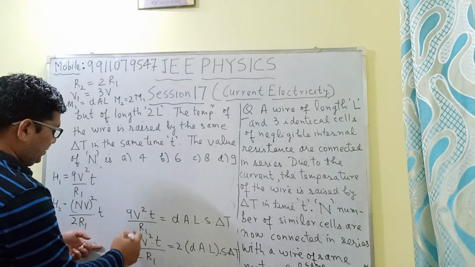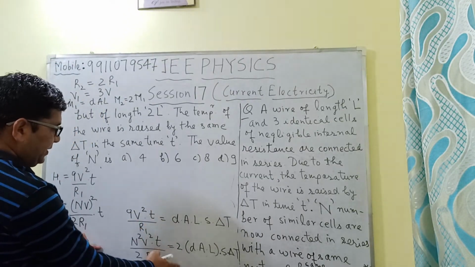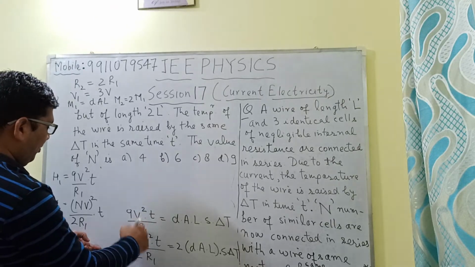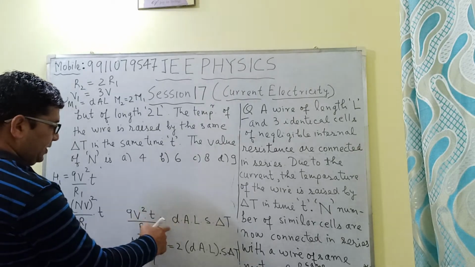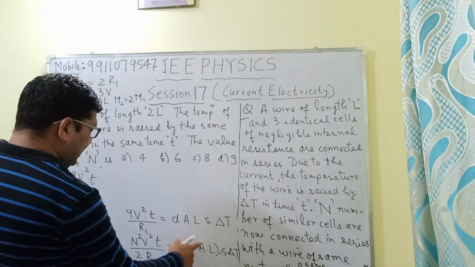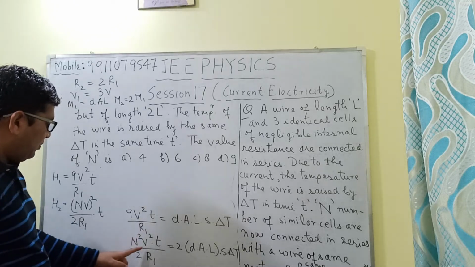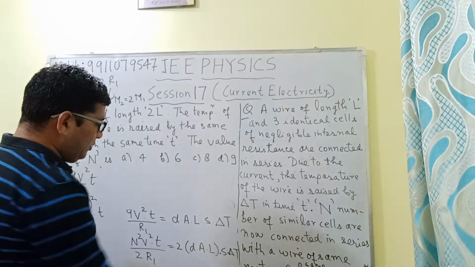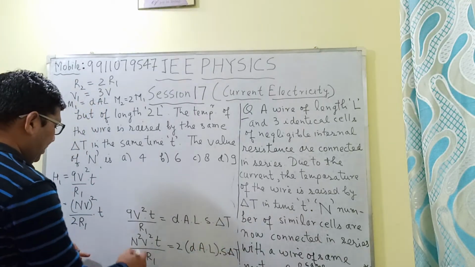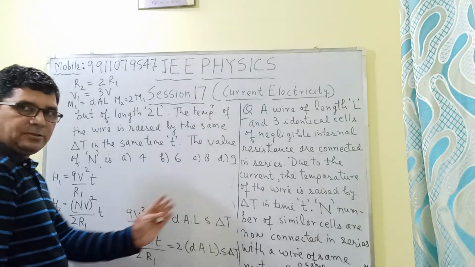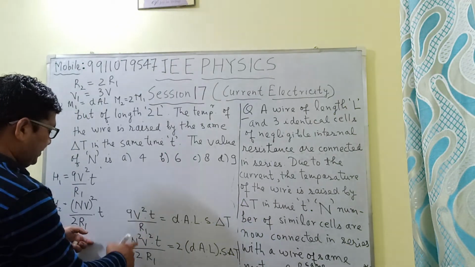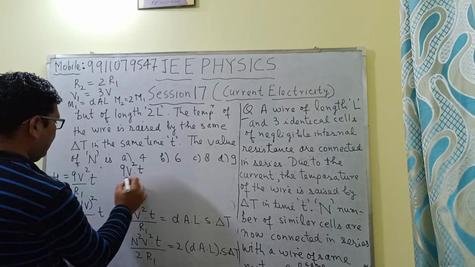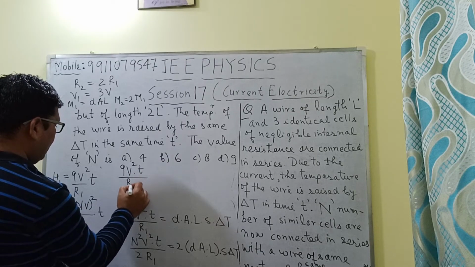Now what I will be doing is dividing both these equations. That is, 9V squared T upon R1 is equal to D A L S delta T, and the second equation is n squared V squared into T divided by 2R1 is equal to 2 times D A L into S into delta T. If I divide both these equations on the left and right hand side, I get 9V squared T upon R1.